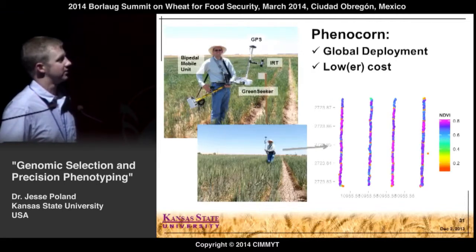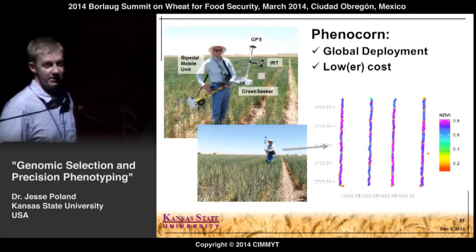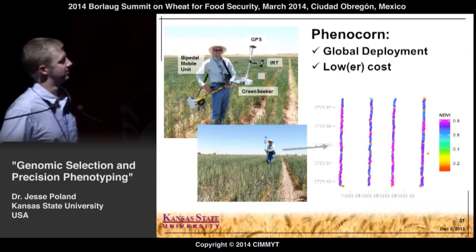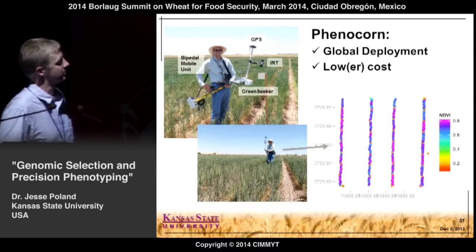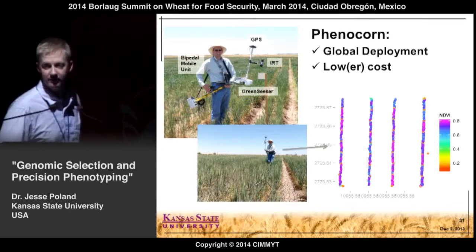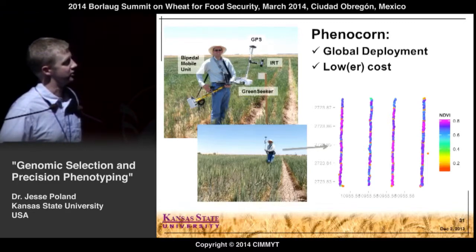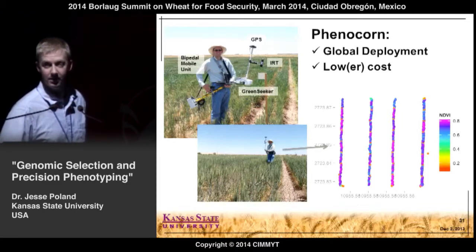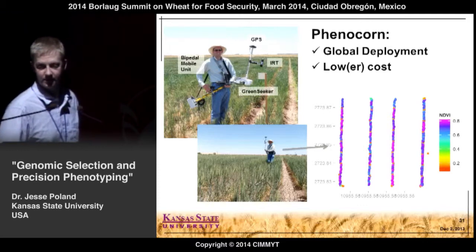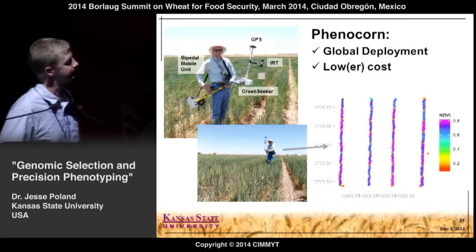And so we're also looking at basically the same approach but different platforms. And so this is Jared, one of the students in my group, basically with a handheld version of this phenotyping platform, integrating the GPS, infrared thermometer, GreenSeeker. And this is being used a lot now with Matthew's group for trials here.